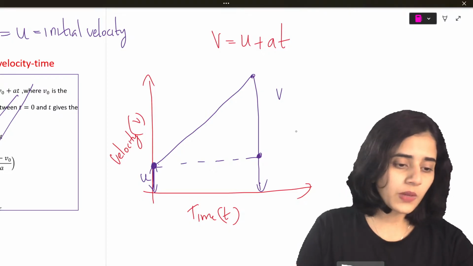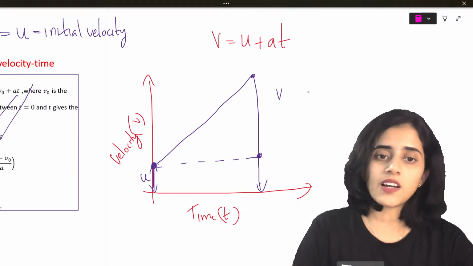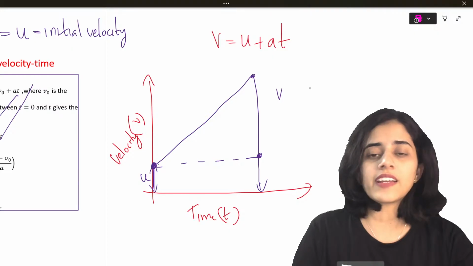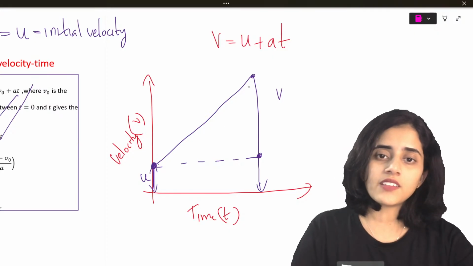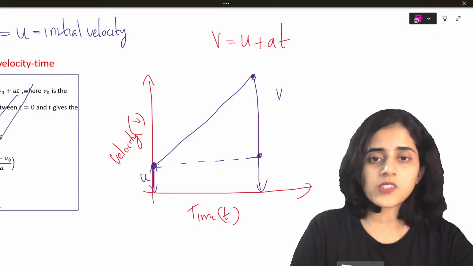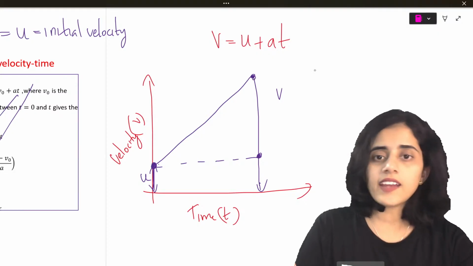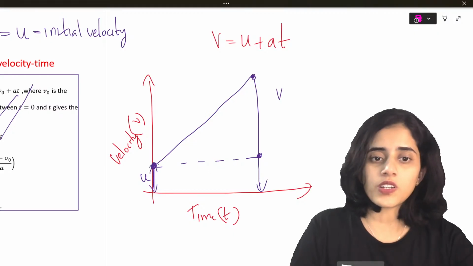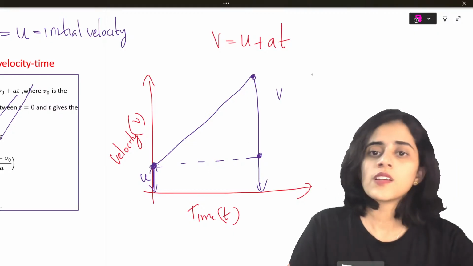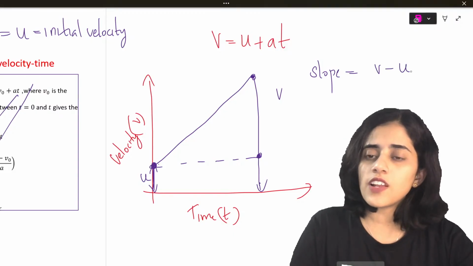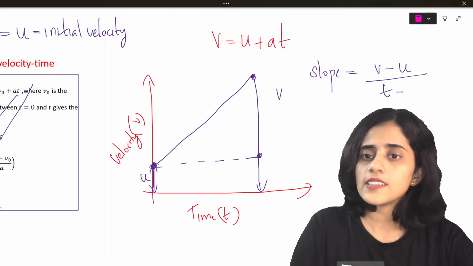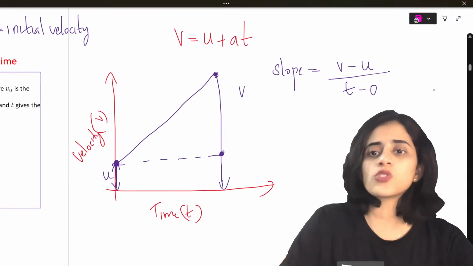Now I will just derive the formula. I will find the slope of the graph. If I take this point as v and t, and this point as u and 0, the slope of the graph is change in velocity divided by change in time. Initially time is 0, so t minus 0.